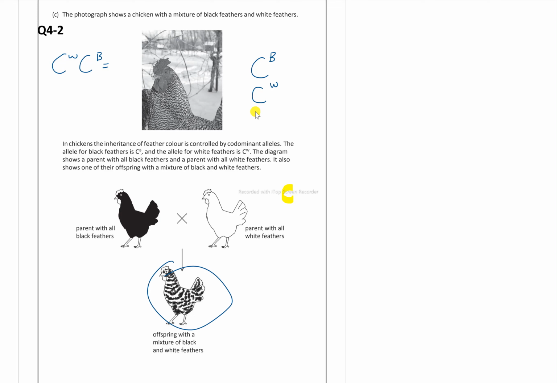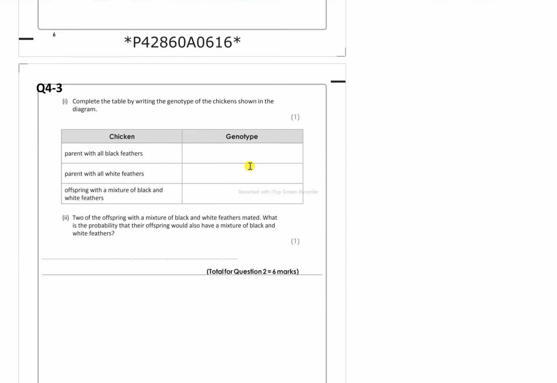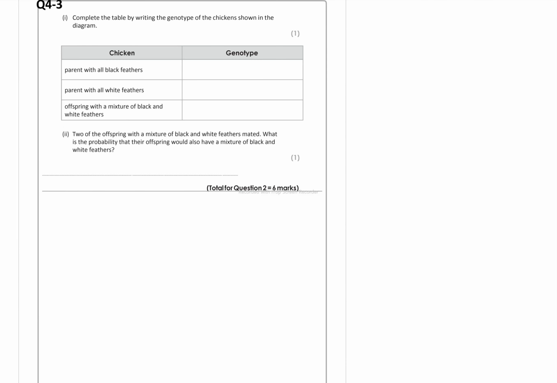We'll call it mixed. So we're expecting a parent with all black feathers will have C black, C black. White feathers will be CW, CW. Now, if you've got a mix, you're going to have CW, C black, and it can be in any order.